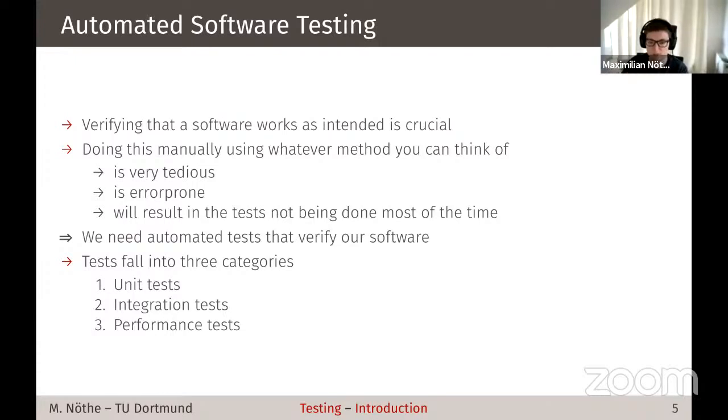So you made sure that all your little things work, and then you can test that they work together using the integration tests. And we do scientific computing, and in scientific computing, we often have to deal with large data sets or some performance requirements. If we do real-time analysis for our telescopes, we have very strict performance requirements, probably because we need to keep up with all the data that is coming in. So we also probably want to make sure that our software is fast enough to keep up with these specifications.